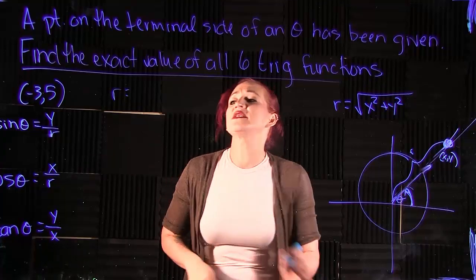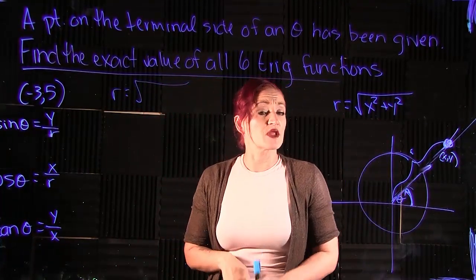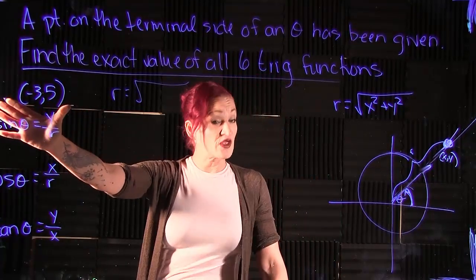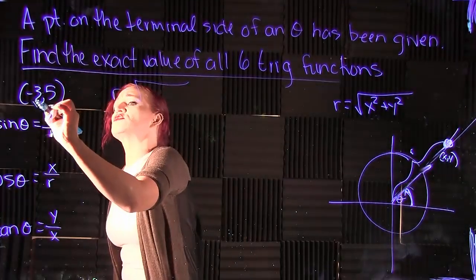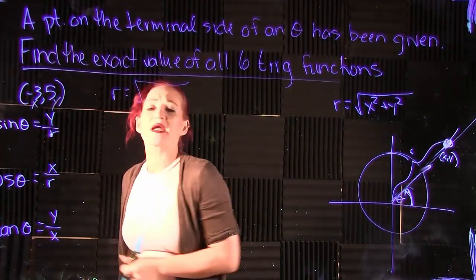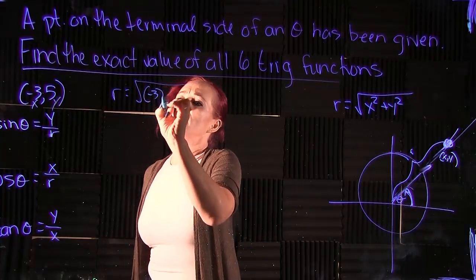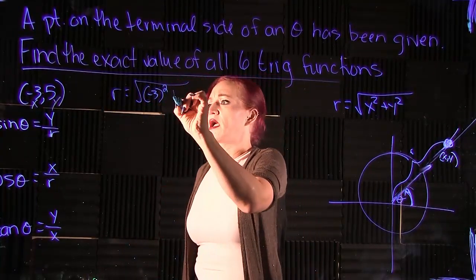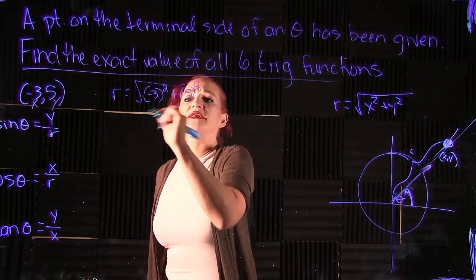So r is equal to the square root of x squared plus y squared. That is going to come from the point that you are given here. We are told our point is negative 3, 5. So we input that negative 3 for our x and that 5 for our y. That looks like negative 3 squared plus 5 squared, and we want to simplify this.